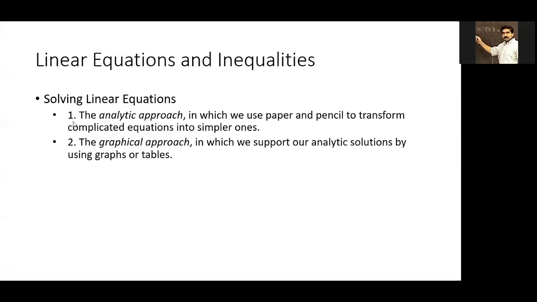Solving a linear equation: the first is an analytic approach, in which we use paper and pencil to transform a complicated equation into a simpler one. And the second is the graphical approach, in which we support our analytic solution by using graphs or tables.